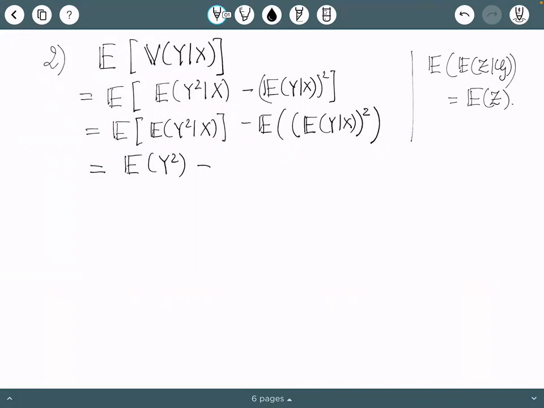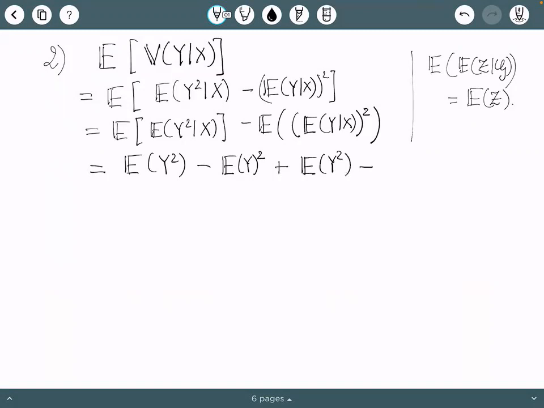Now if you remember what we want to obtain: the variance of y minus the expectation of the conditional variance. So I plug in this expectation of y squared in order to create the variance of y. This guy is not here, so I add it now.